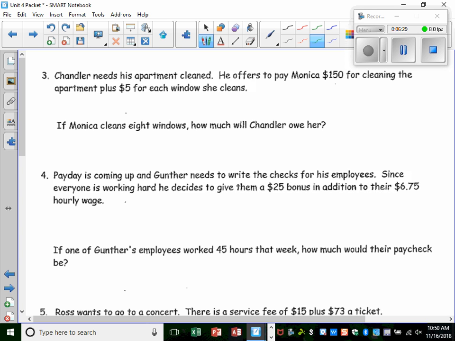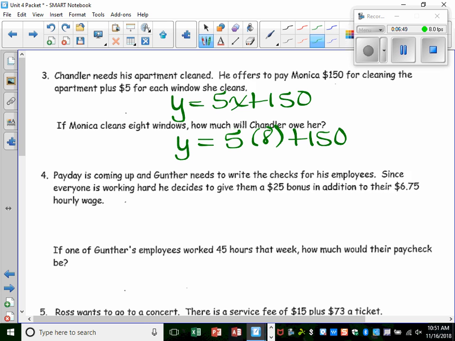Right, the 150, and then the rate of change would be the $5 for each window. So y equals 5x plus 150, and it says if Monica cleans 8 windows, how much will Chandler owe her? So we're going to say y equals 5 times 8 plus the 150. What's the total, guys? $190. Very good.